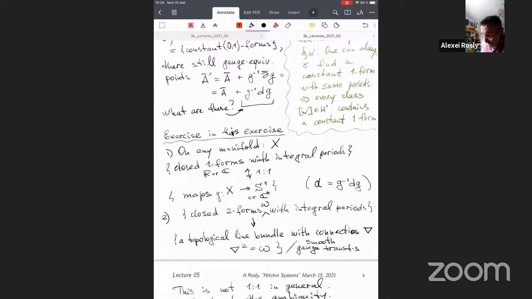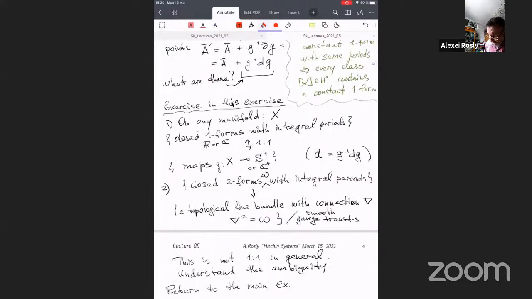It was about the fact that the one forms which can be represented in such a form with g, a single valued map to C star, are nothing but the complex one forms with integral periods.